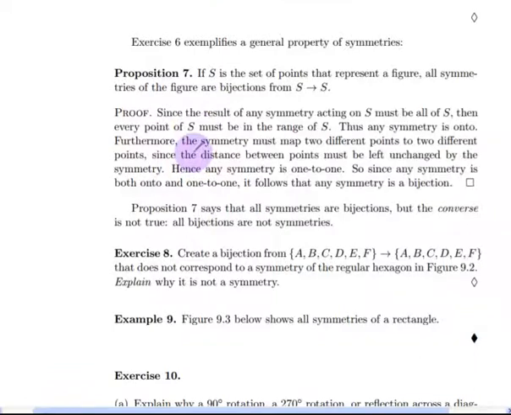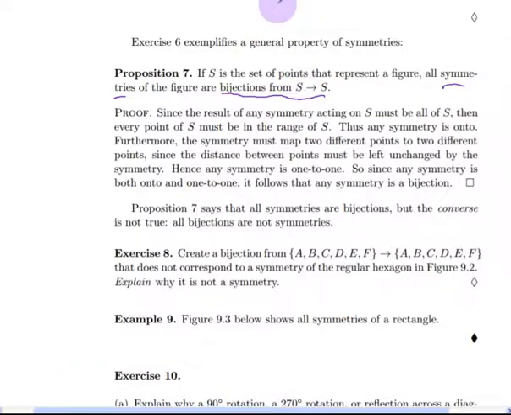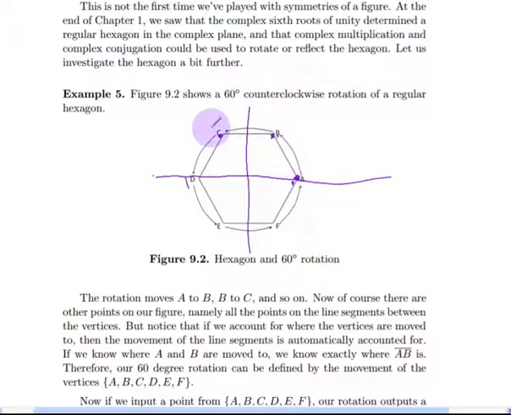Okay. Now, in fact, since a symmetry is a function, we can ask the question whether or not it's a bijection. And in fact, it is a bijection because it does map the set. For instance, in this case, it maps this set A, B, C, D, E, F, the set of locations, to itself.